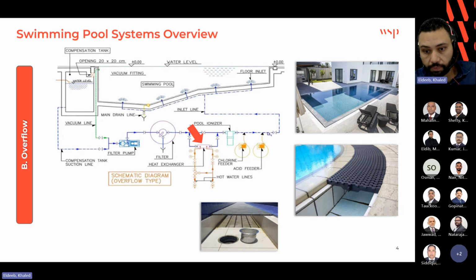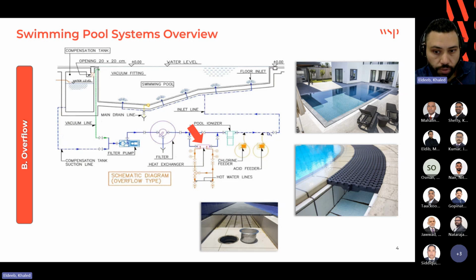Like One Za'abeel, we have an infinity pool on top of the Link Bridge, and the same in the Royal Atlantis Hotel, and so on. So all of them use the overflow concept today. The overflow system is the most common design compared to a skimmer system, but we need to know how to design both of them to be familiar with everything. So we learned the skimmer and we are going to learn the overflow today.